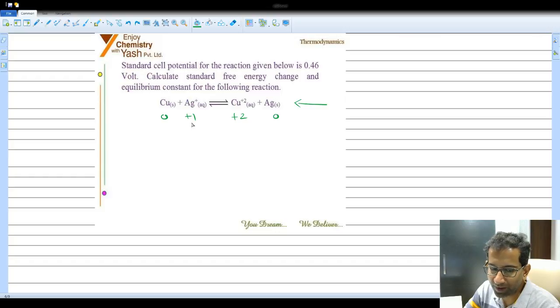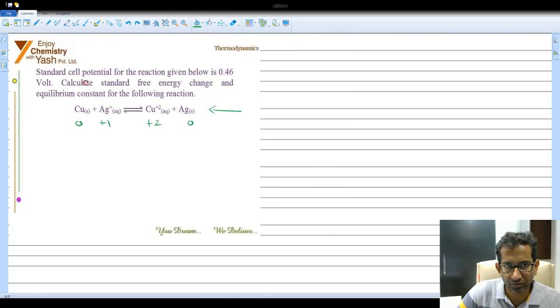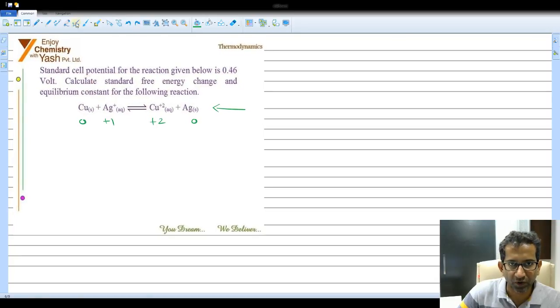So we will have to multiply the cathodic reaction by 2. What happens at cathode is Ag plus becomes Ag.